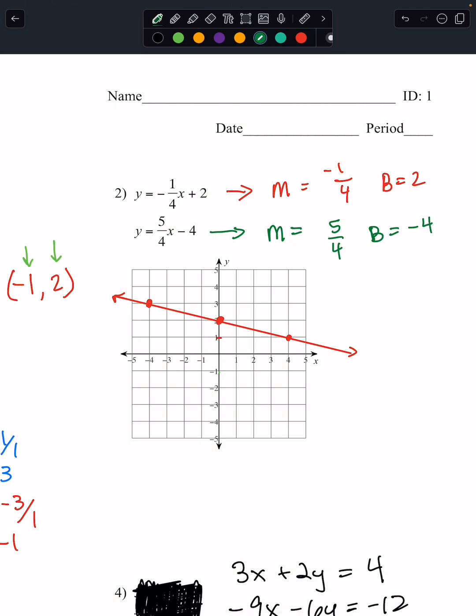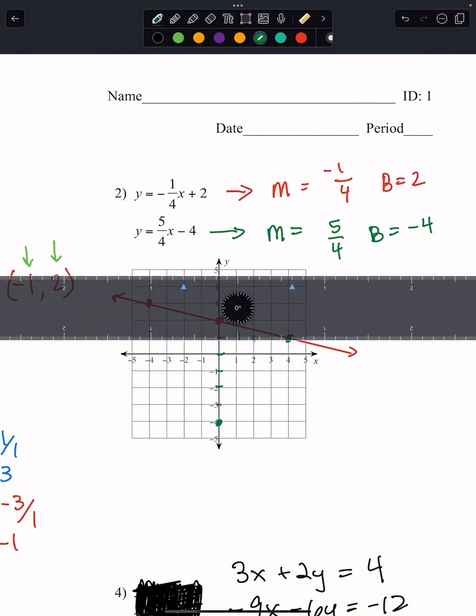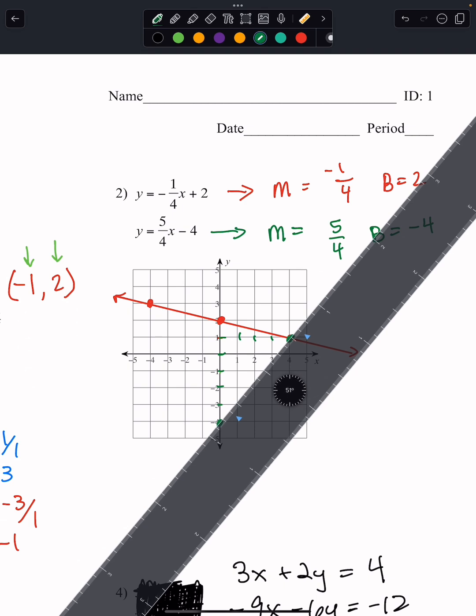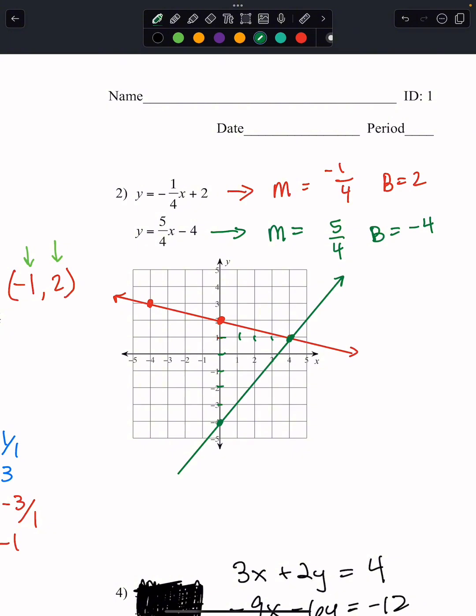We're going to rise 5, 1, 2, 3, and then we're going to run 4, 1, 2, and then we're going to connect our dots like so. And then the question is, where do they cross? They cross at the point right here. That is 4, 1.